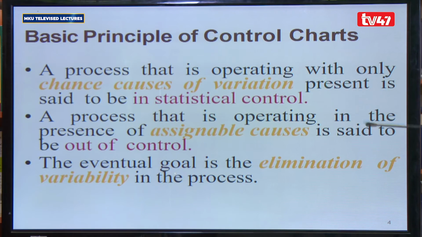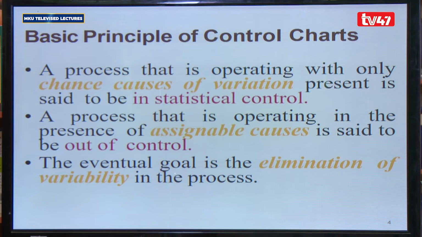Two, a process that is operating in the presence of assignable causes of variation is said to be out of control. We'll see what assignable causes are. Then last, we have the eventual goal: the evaluation goal of these charts is to eliminate variation in the process.